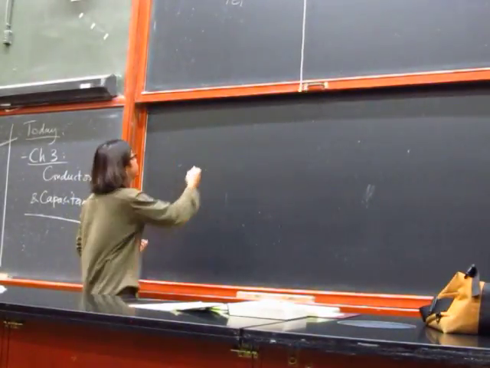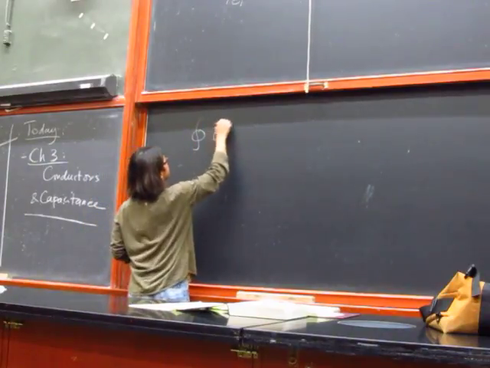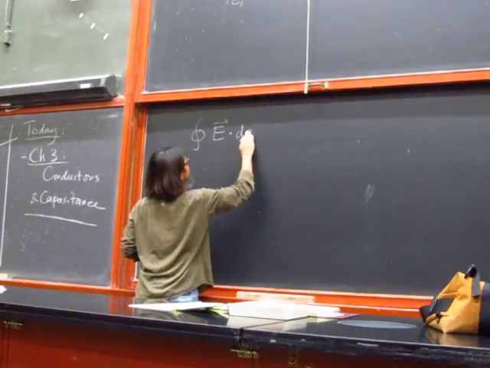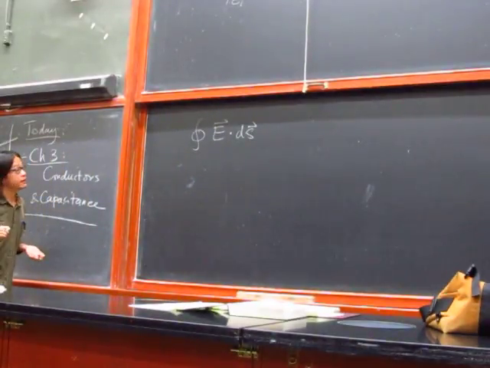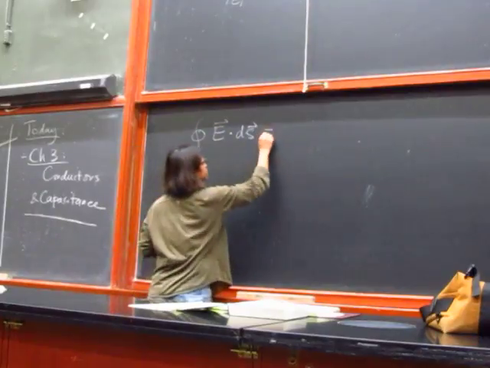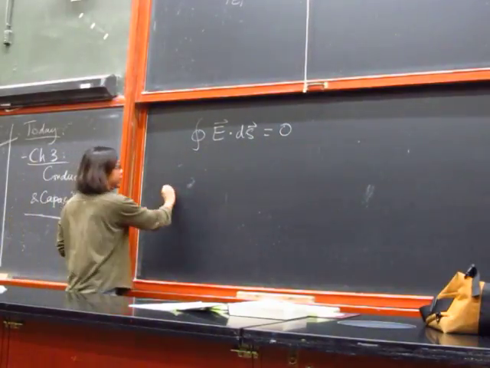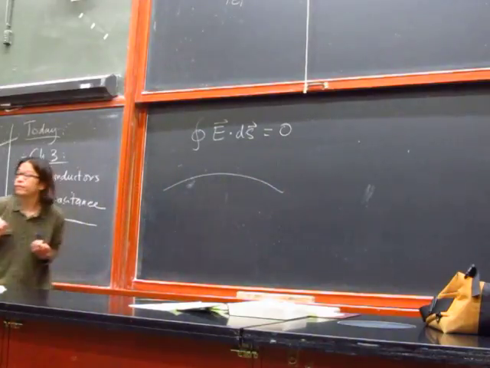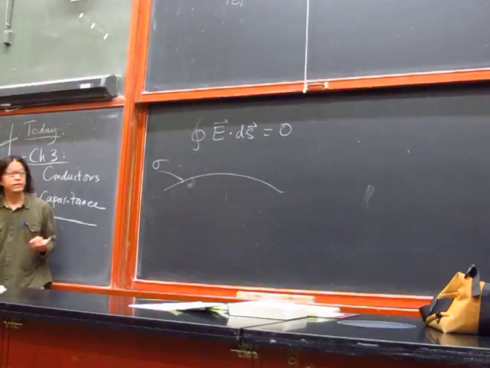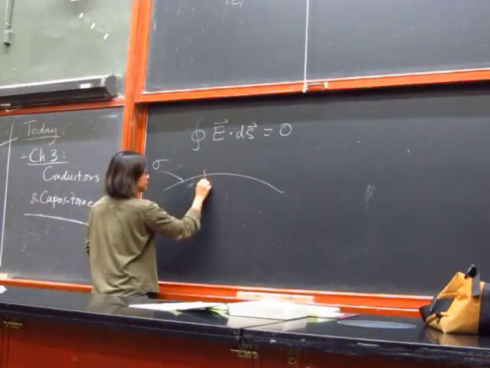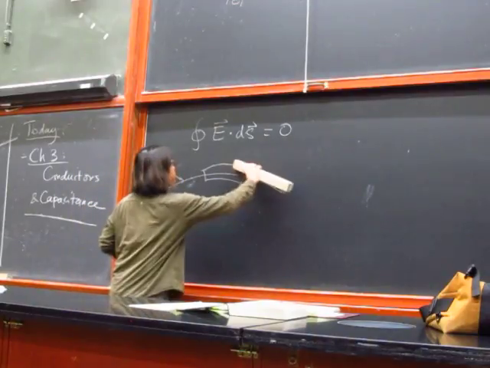Recall we have another equation for electrostatics: the closed loop line integral of the electric field has to be equal to 0. So if I have a surface like this with sigma on it, I can draw this loop.